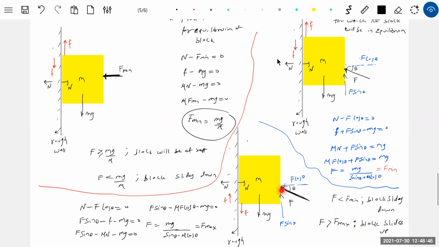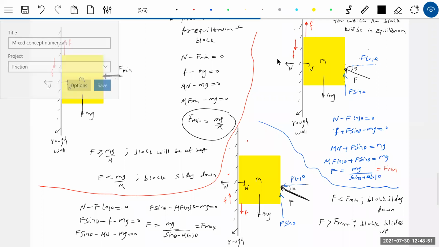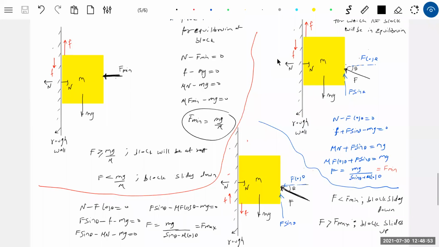I think how the forces are applied, you have to be very careful. I'll make all these observations.